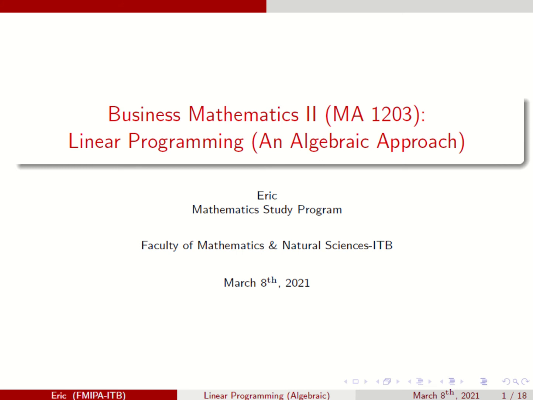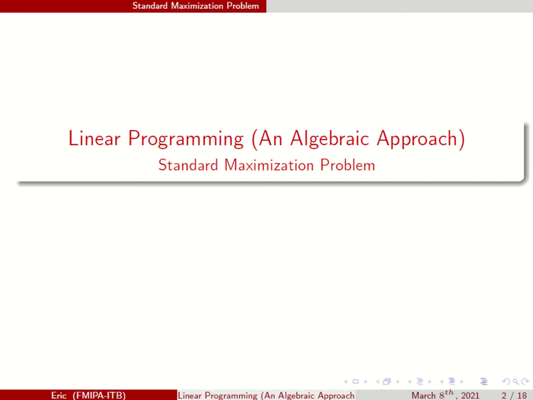So what if I have n variables, with n greater than 2? Can I still solve the linear programming problem? This is the answer: an algebraic approach, which we will call the simplex method.